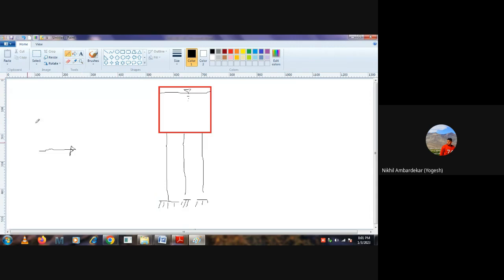So basically, this entire earthquake force will be attracted to the center of gravity of this system. Agree with me? Yes, sir.